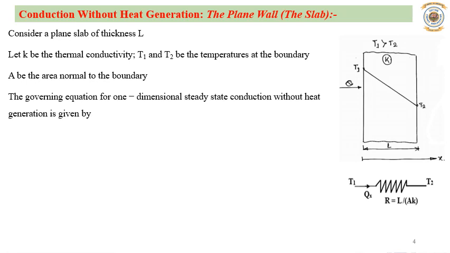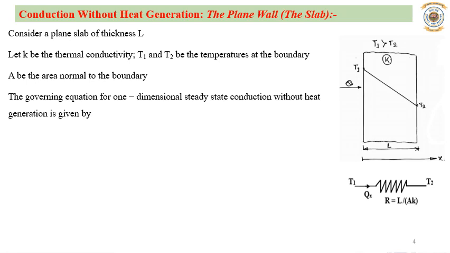Now for steady state without heat generation, we get d square T by dx square plus d square T by dy square plus d square T by dz square is equal to 0. This is for 3 dimensions.